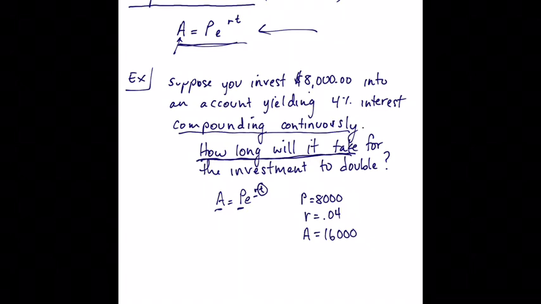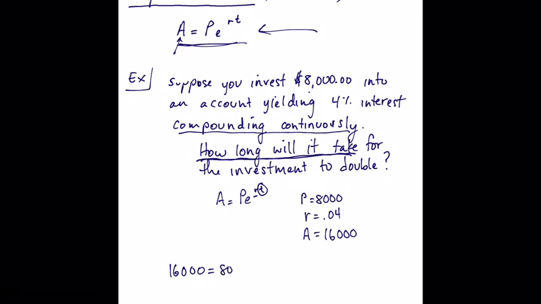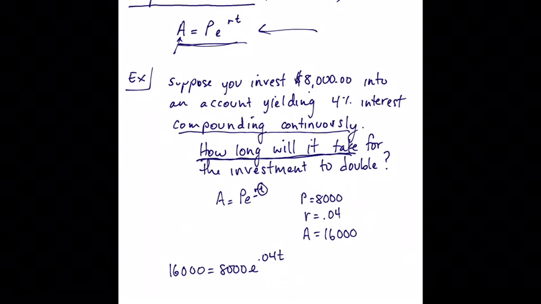So with that information, we need to create this function here to be able to solve for t. So 16,000 is a future amount. Principal investment is 8,000 times e to the 0.04 times t. So we've set up our model, or our function now.